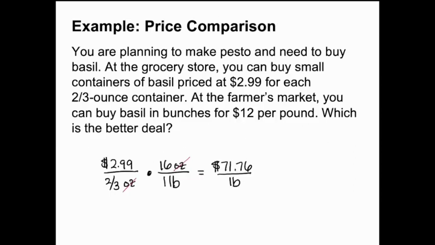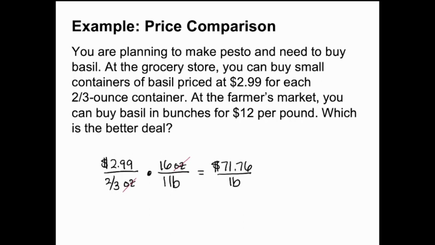So in this example, we're going to talk about a price comparison. When you are making a price comparison, you want to make sure that whatever the two things are that you're comparing are in the same unit. In other words, for example, in this problem, it says you have something in ounces and something in pounds. If they're both in pounds or if they're both in ounces, it makes it easier to compare.